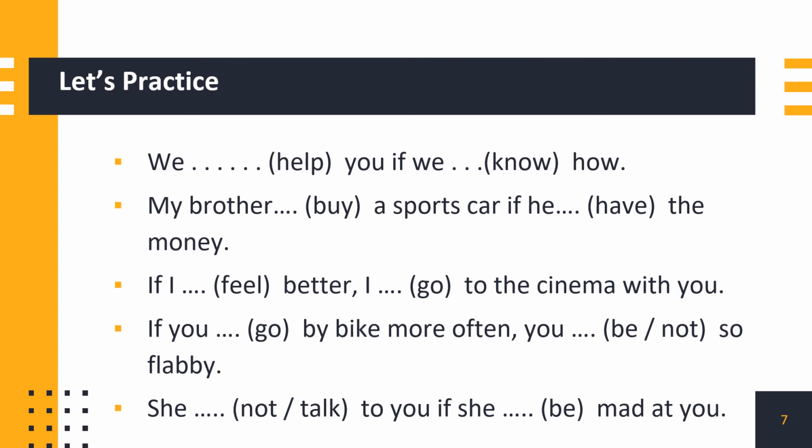I will repeat, she wouldn't talk to you if she were mad at you. You should remember that be in a second conditional sentence is using were for all the subjects.